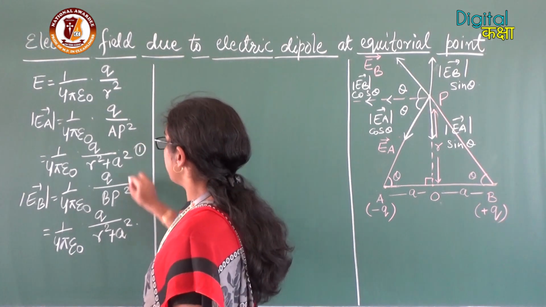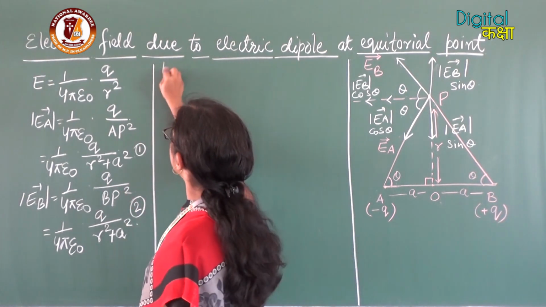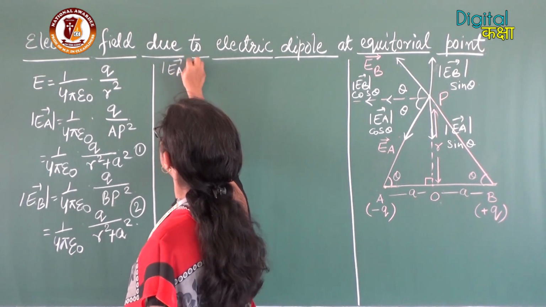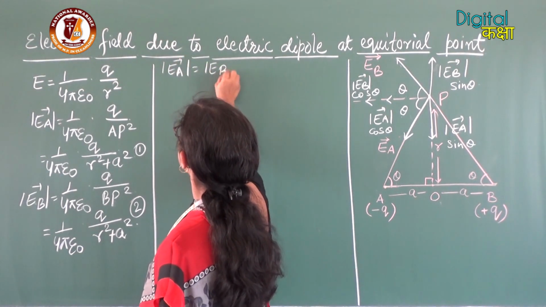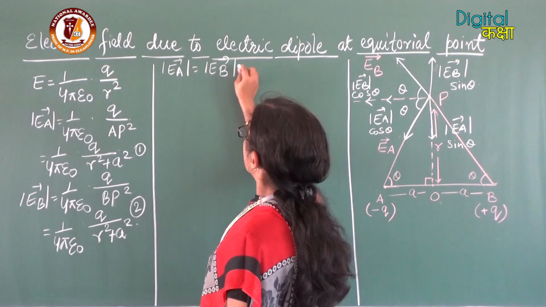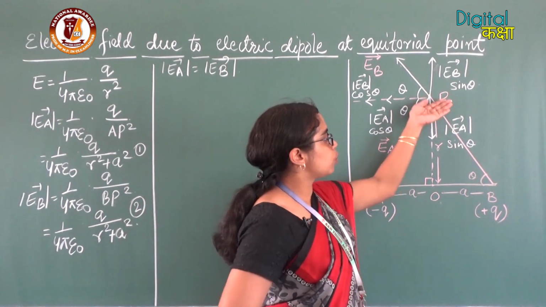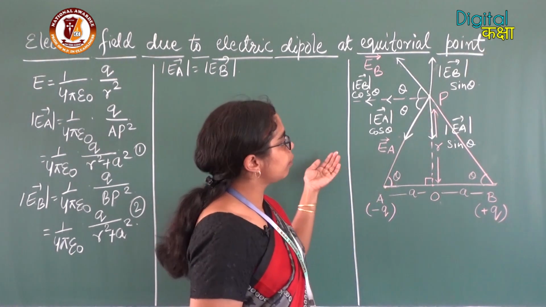This way, from equations 1 and 2, we see that the magnitudes of these two electric fields are the same.